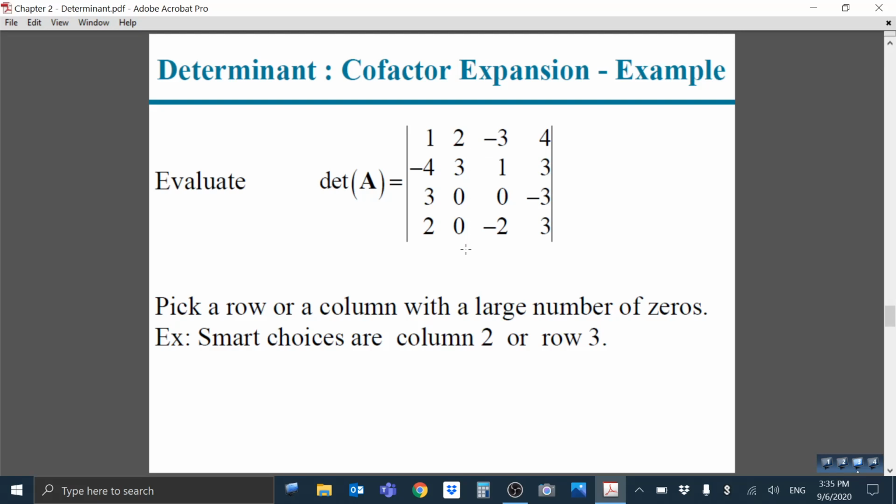So it's your choice what you pick. You can pick the last row also, it has 1 zero, but the smartest choice would be either row 3 because it has 2 zeros, or column 2 because again it has 2 zeros. Whichever one you pick, it's going to be fine. You will get the same result. Just be smart.